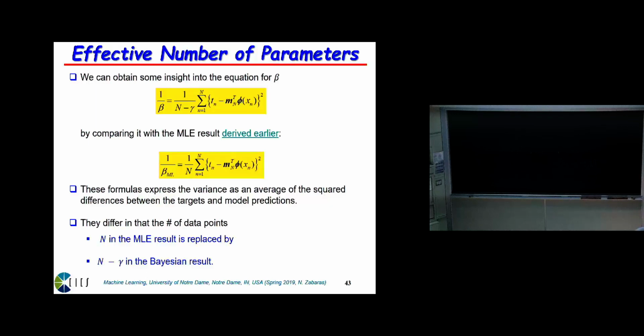So is there anything that we have said in the lectures that reminds you of some formula that says the variance equals 1 over n minus something times this mean square error there? In particular, have we seen any formula where it says 1 over beta equals 1 over n minus 1?